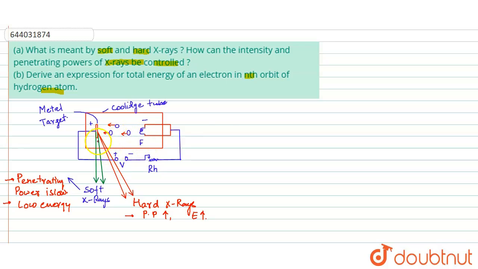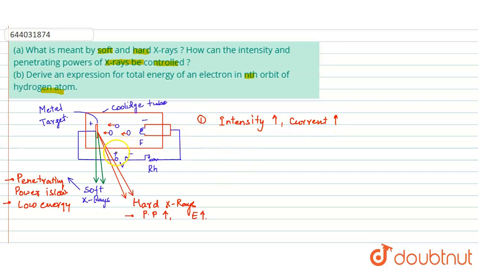So to increase the intensity, we have to increase the current flowing in the filament so that more thermions, or thermal electrons, are emitted from the filament.